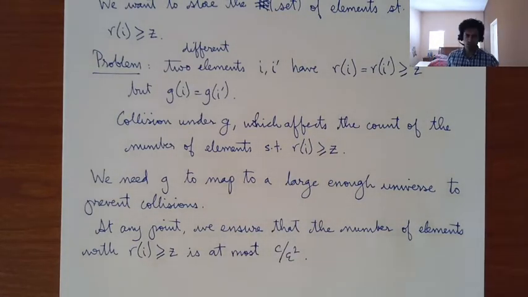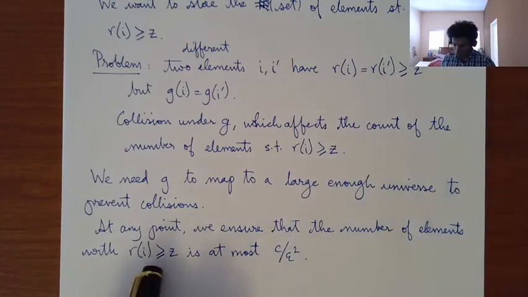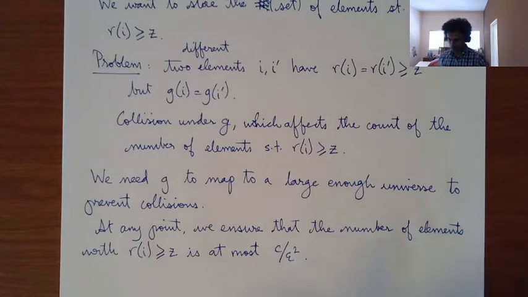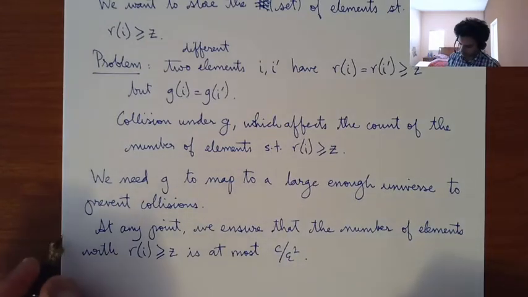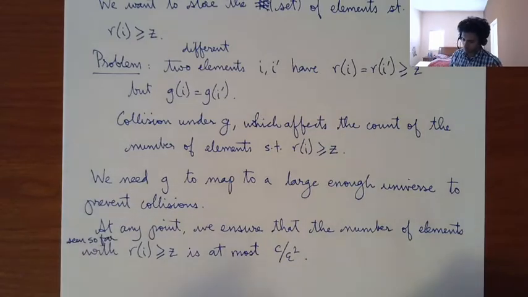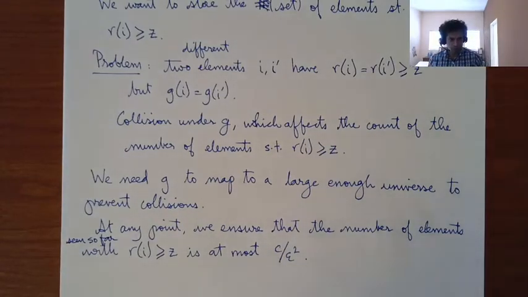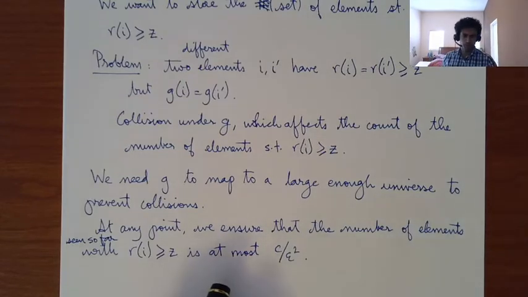So this in some sense is ensured by the fact that we keep reducing the size, right? So whenever we have a value of Z, the number of elements I should say seen so far. Now I'm being a little informal here, but intuitively you can see why this should be true.